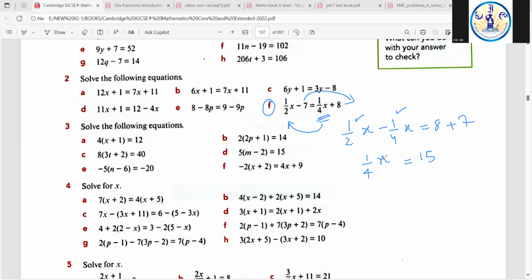Now we need to observe that the variable x is in the numerator and the constant number 4 is in the denominator. Or we can say that the variable x is being divided by 4.